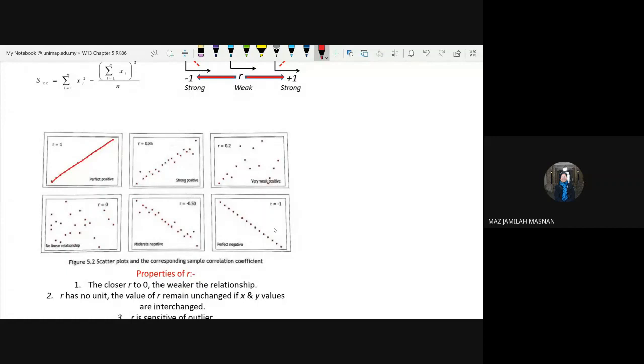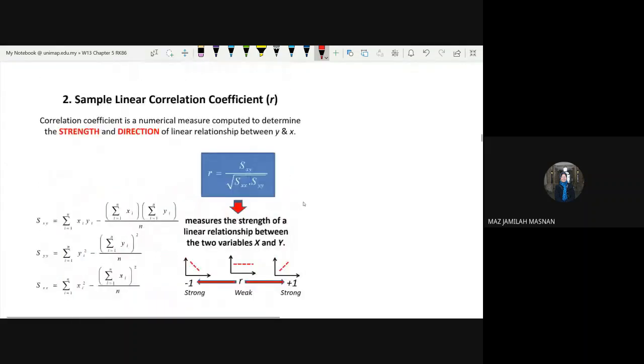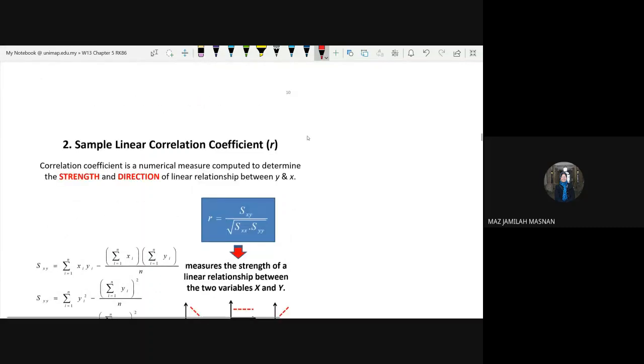A strong relationship means both have a really strong relationship positively, whereby the scatter plot becomes almost a straight line. That's how we figure out whether our x and y relationship is strong or weak based on the scatter plot, but the actual value for strength is given by the correlation coefficient r.